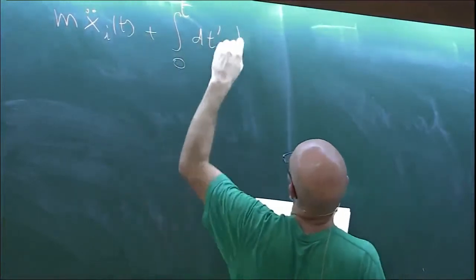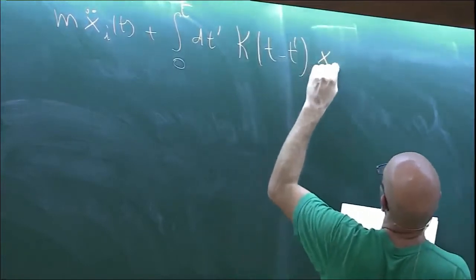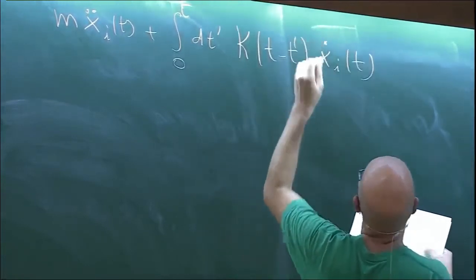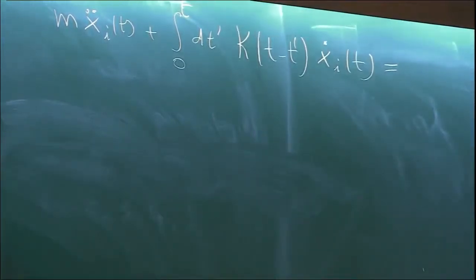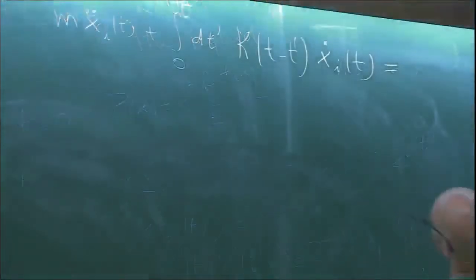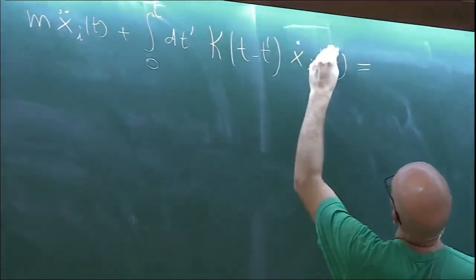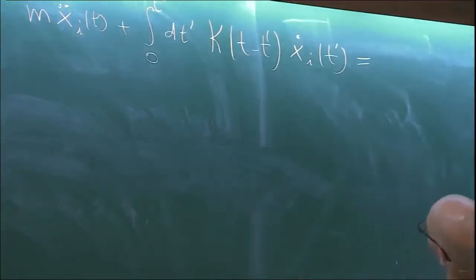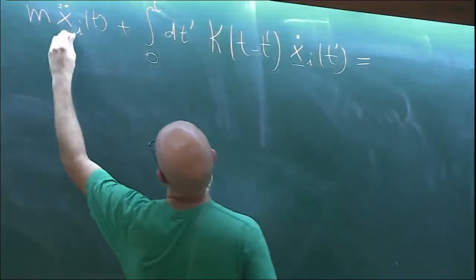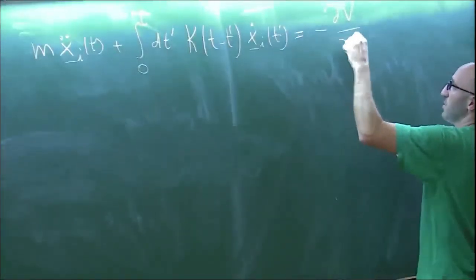I can introduce a kernel K, and the friction, instead of being just proportional to x of t, has some kind of delay. So the friction at time t is an integral over the previous times of some kernel times the velocity at previous time. That's the generalization, and the rest is the same.